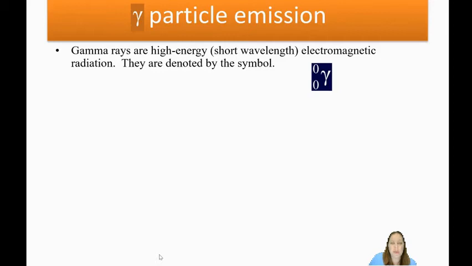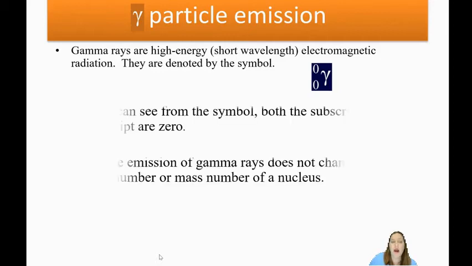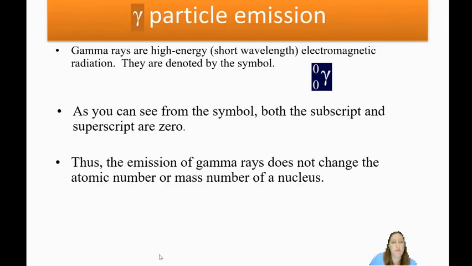So for your gamma particle emission, gamma rays are going to be high energy, short wavelength electromagnetic radiation. Remember, we just got finished talking about electromagnetic radiation. Something I want you to see is that everything we're doing in chemistry builds on itself, and everything meshes with each other, okay? Hopefully you'll start to see where the stuff you learned in biology meshes with the stuff you're learning in chemistry.